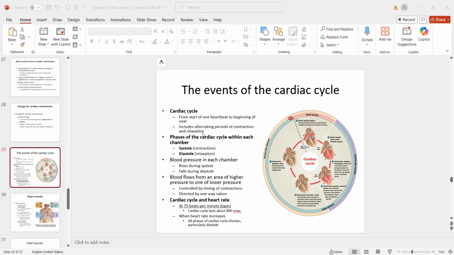The phases of the cardiac cycle are atrial systole, atrial diastole, ventricular systole, and ventricular diastole. For a representative heart rate of 75, a sequence of systole and diastole in either the atria or the ventricles lasts 800 milliseconds.